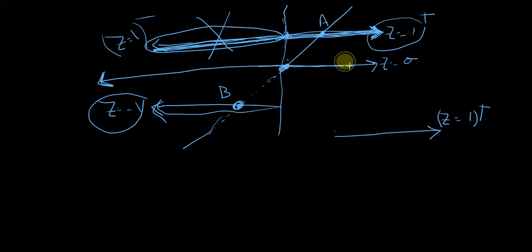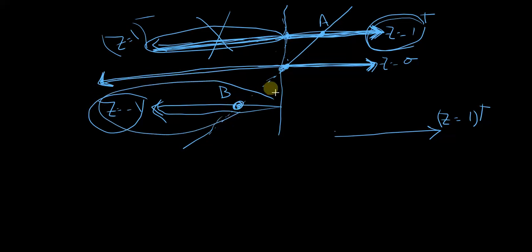One section corresponds with the positive portion of z equal 1, and the other portion now corresponds with z equal minus 1.